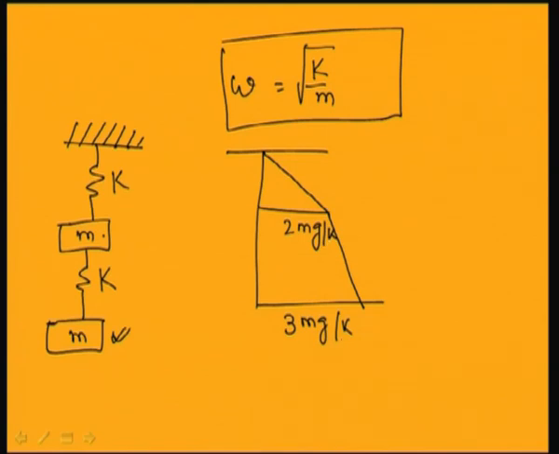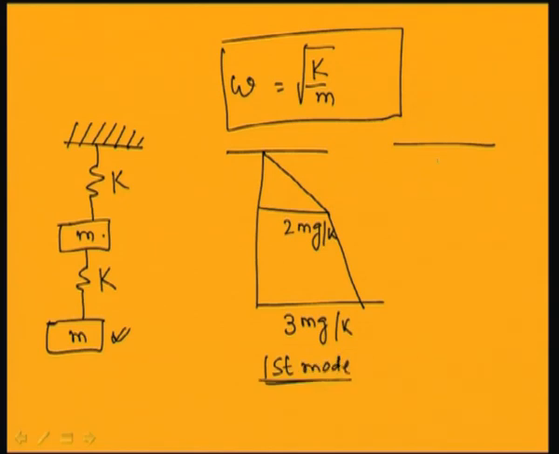So, when it is vibrating in the first mode, I can take the approximate vector as 2 mg by k and 3 mg by k. So, these are the approximate functions I can take for the first mode.